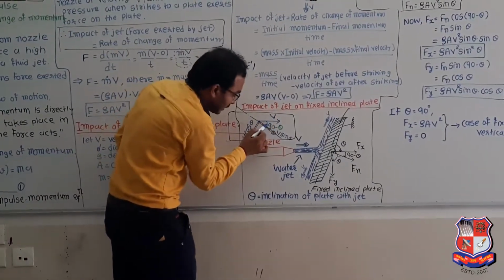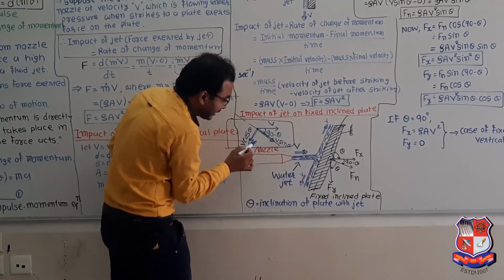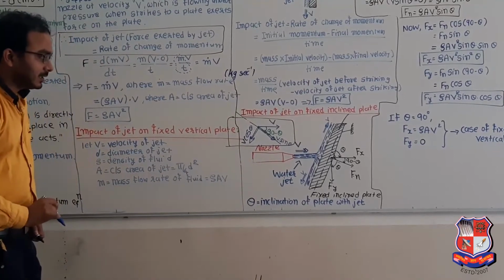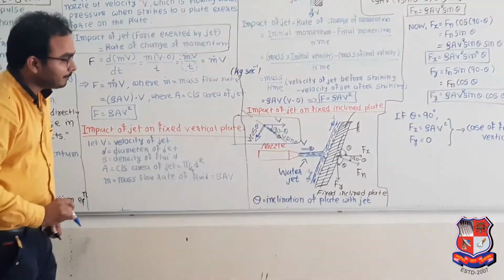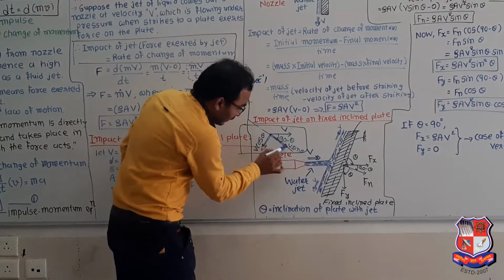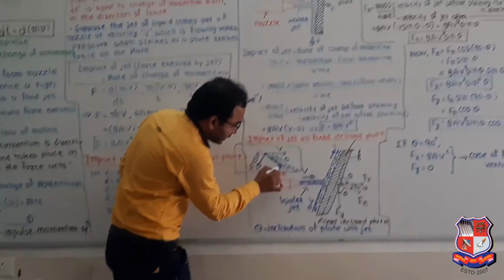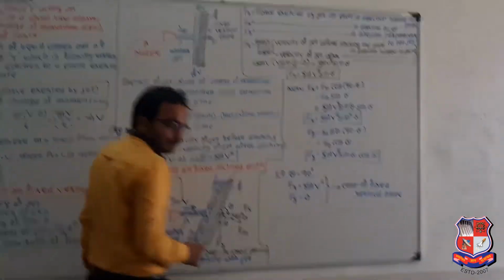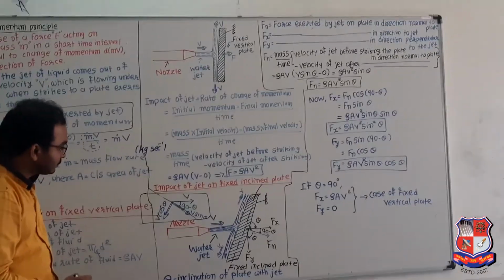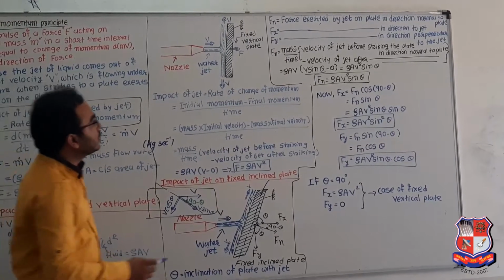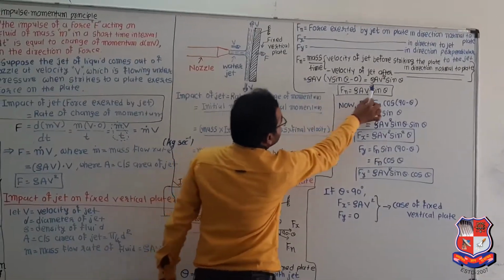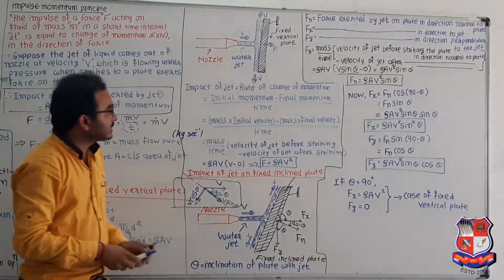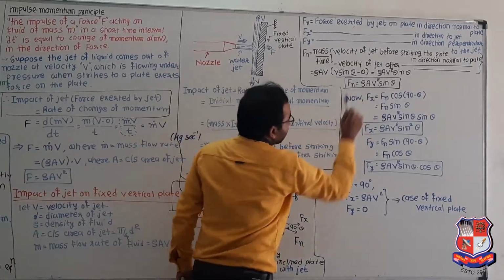So this is v. So if this angle is 90 minus theta, then this will be v sin theta. Okay. So this is the component of velocity which is striking in the normal direction, which is v sin theta. Okay. So the final equation is rho a v square sin theta, which is the value of Fn. That is Fn is equal to rho a v square sin theta.